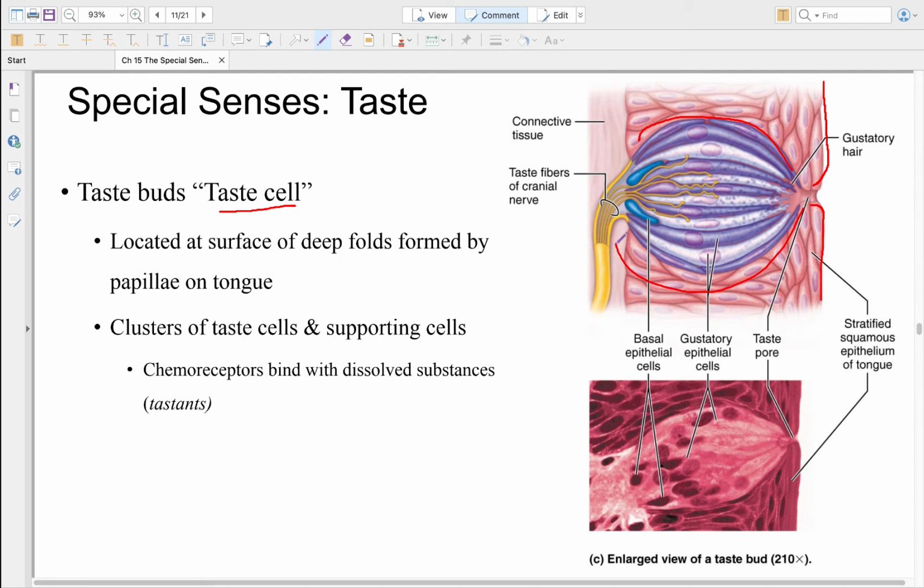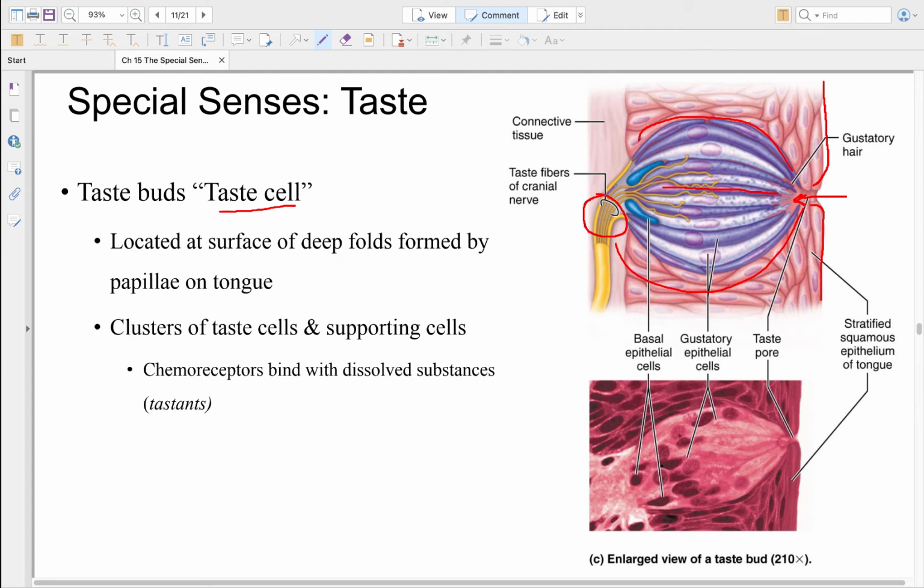Now these taste buds or taste cells have supporting cells, so not every single one of these is an actual taste cell. So ultimately, this is the taste pore. The chemicals will come in this way and get picked up by the taste bud itself, and that information is transferred to a major cranial nerve.